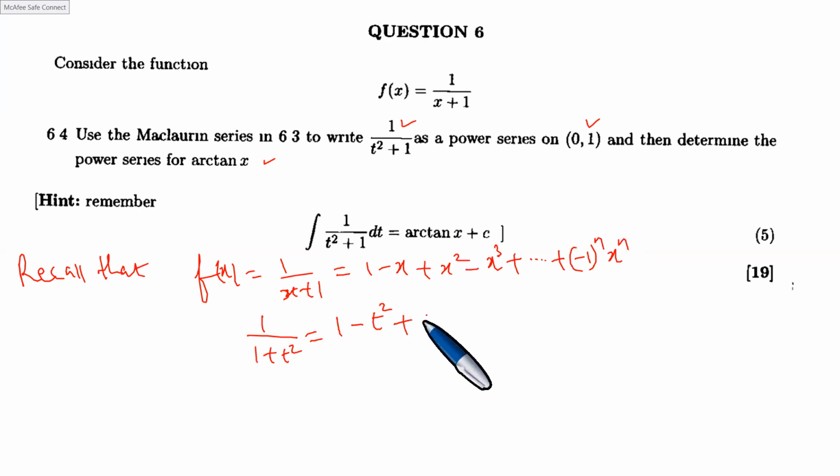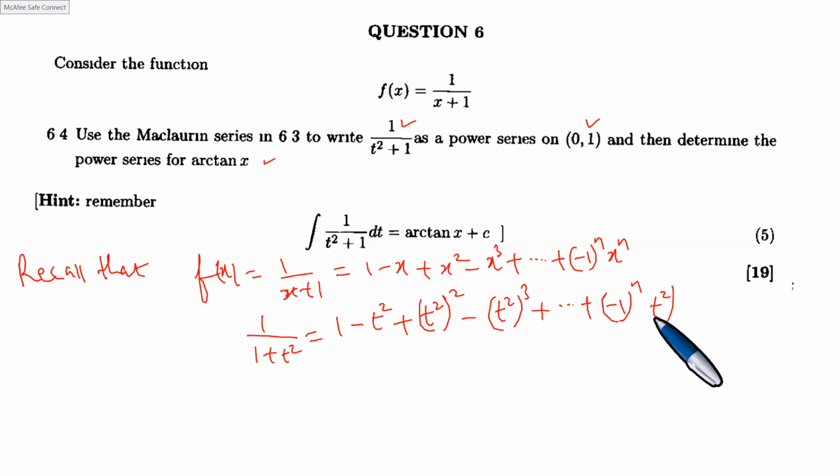You can write t squared or t to the 4th power, or t to the 6th power, but you can write it like this so that you can see the pattern: t squared to the nth power. That's what we have.